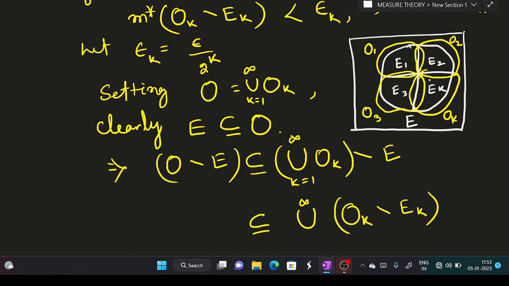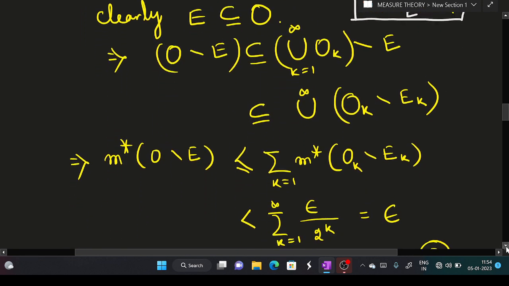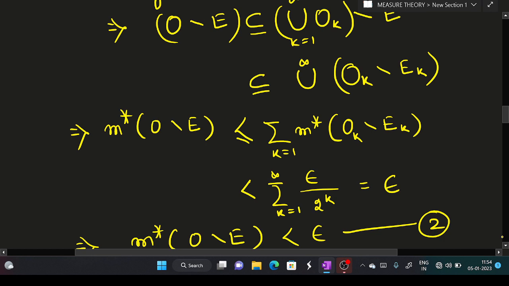Similarly, for E2 there exists O2 containing E2 as a subset. Likewise, for every set Ek there exists an Ok such that Ek is a subset of Ok, and the outer measure of Ok minus Ek is less than epsilon by 2 to the power k. With this condition, let us discuss further. I hope it is understood. So now, what are we getting?